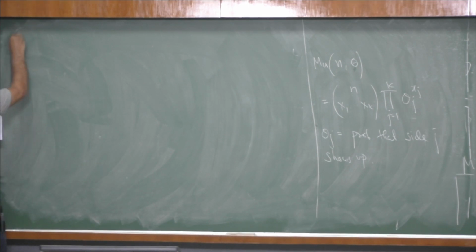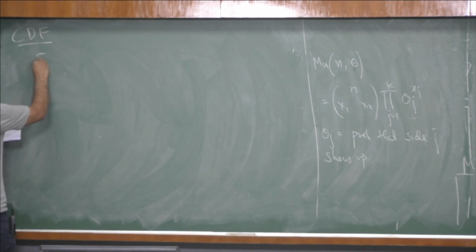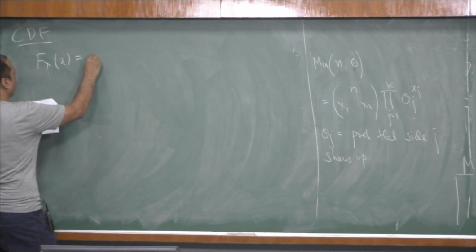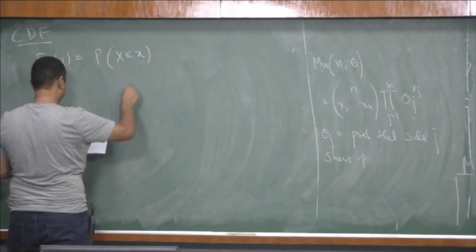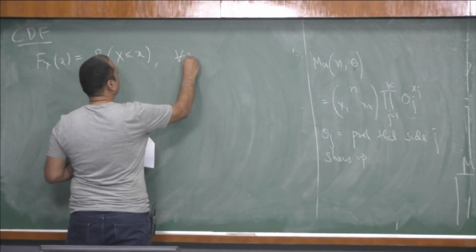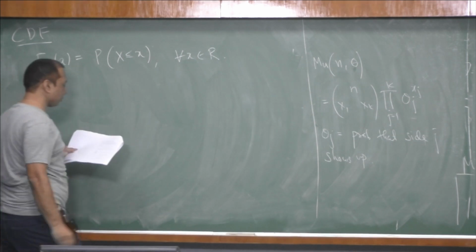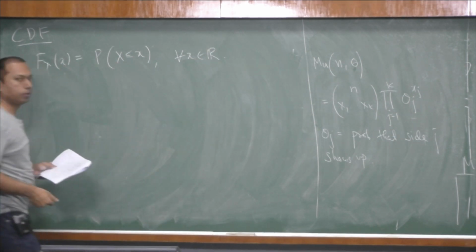So let us see the CDF. In the discrete case, the CDF is defined as, this is standard notation, F_X(x), the cumulative probability values, so basically the probability that X is less than or equal to x, for all x in R, real numbers.